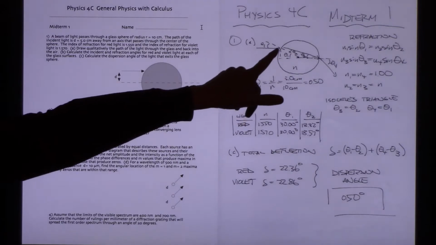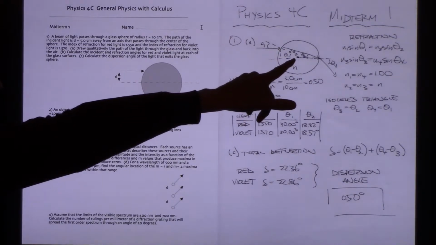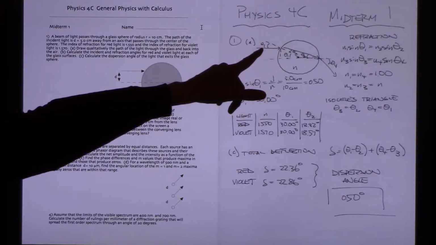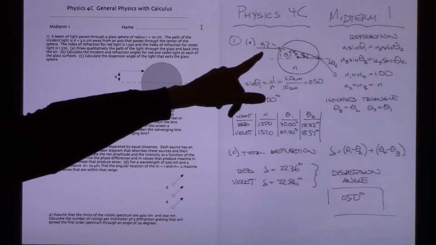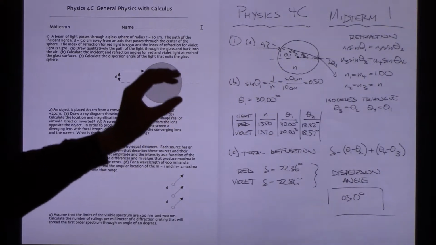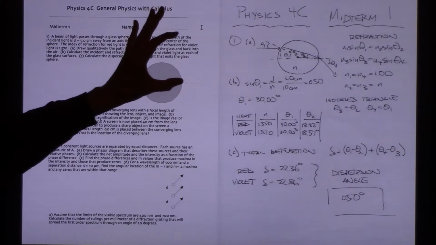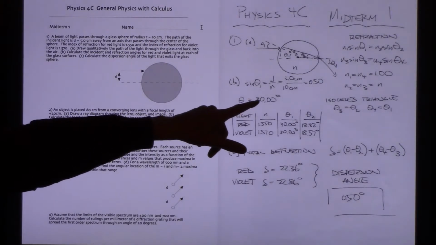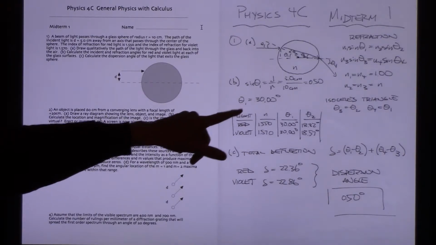And so I now have a radius of the sphere that has the same angle, theta 1, as the incident angle of the light. And that theta 1 I can calculate because I know the hypotenuse and I know the vertical distance on that side. And it turns out that the incident angle is 30 degrees.